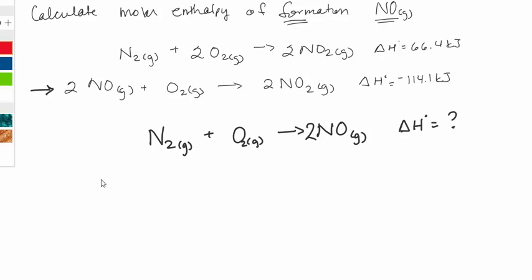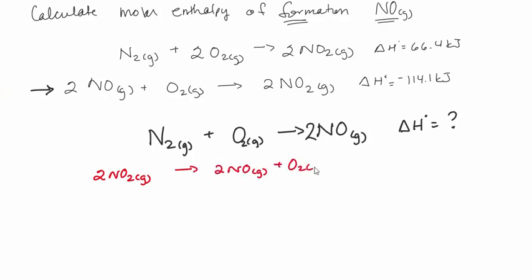So if I flip that one around, the delta H naught value of that is now going to be negative of what I'm given. 2 negatives cancel each other out, make a positive. So I change the sign on my delta H because all I've done is transfer my reactants to products and products to reactants. I've flipped the reaction equation.